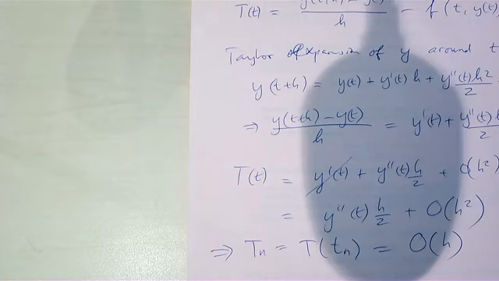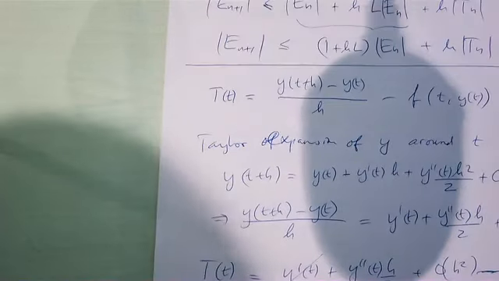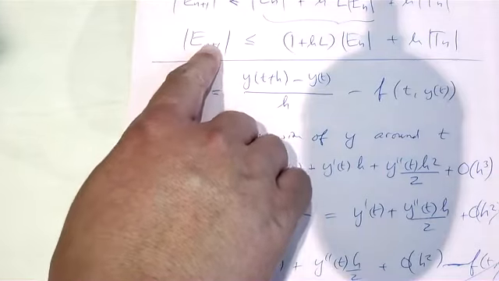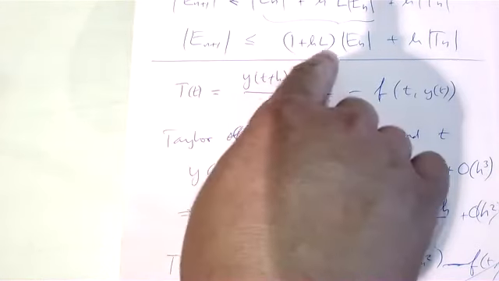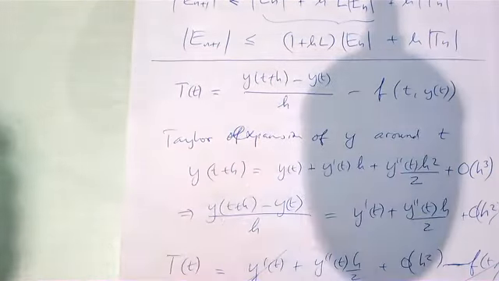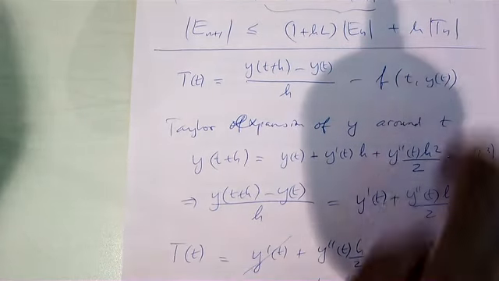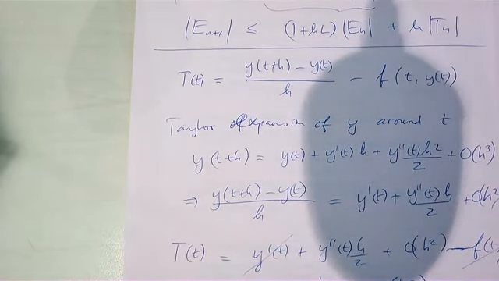So that is exactly what we've been doing here. We arrive up to E(n+1), the error at step n+1, which is controlled by this, and this Tn is controlled by this proof, so it's O(h).